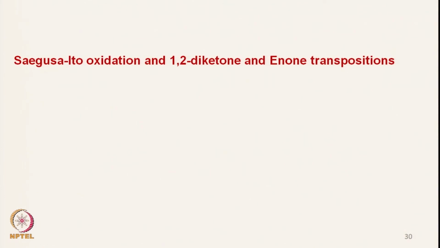Now we would move to another topic which is called Saegusa-Ito oxidation, and if time permits then we carry out two interesting transpositions. One is 1,2-diketone and enone transpositions. Now what is Saegusa-Ito oxidation? First we will take that.